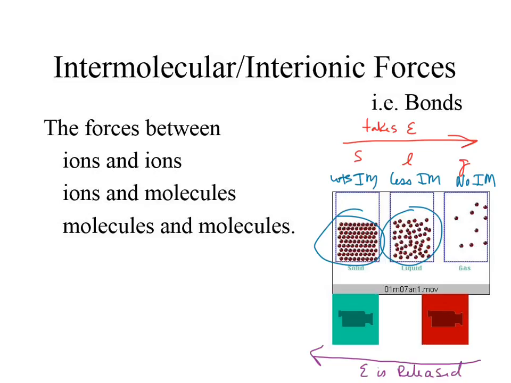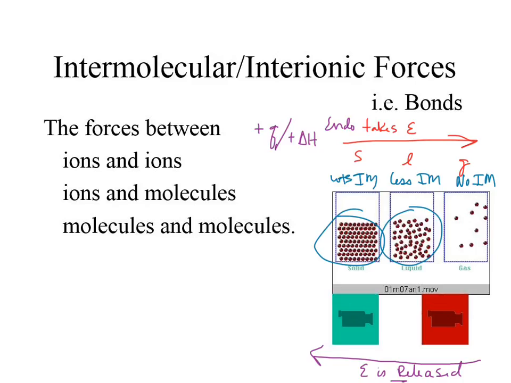So before we leave this slide, let's just remember what we've been talking about. Does this make sense? Takes energy. Would that be endo or exothermic? Endo. It would be endo. So this is endo. And that means it's what? A positive Q or a positive delta H. And then down here at the bottom, energy is released.